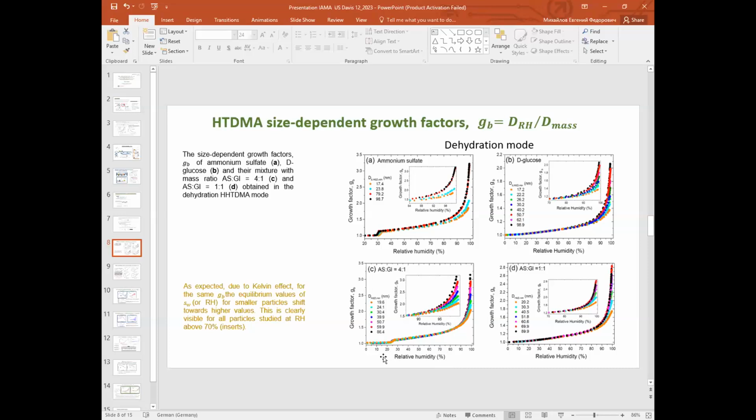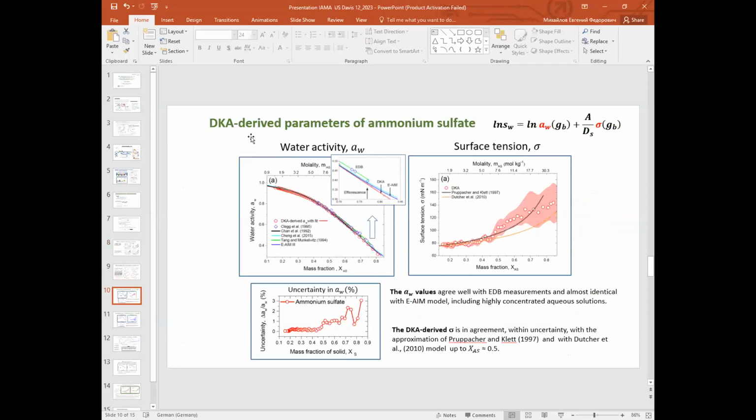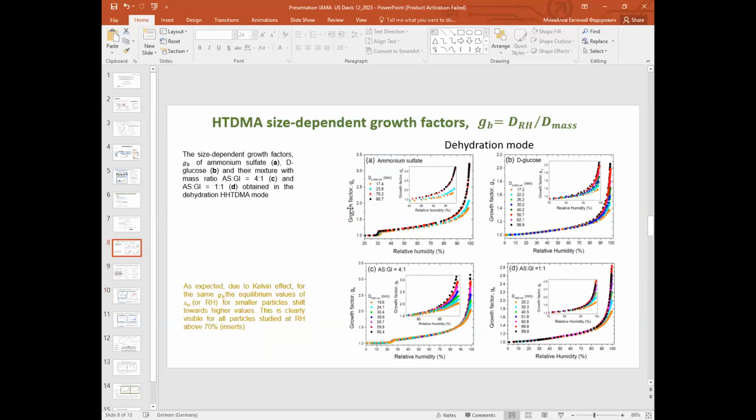It's okay because, in fact, for the same growth factor, the equilibrium value must be higher for small particles. And now I'll show some results with differential Köhler derived parameters, for ammonium sulfate first, using this approach. And we can see water activity and surface tension, which were obtained based on these ammonium sulfate measurements.